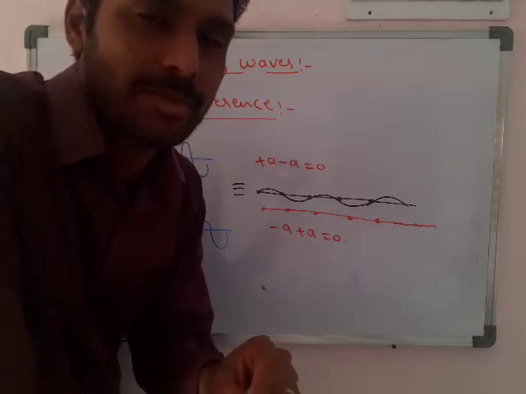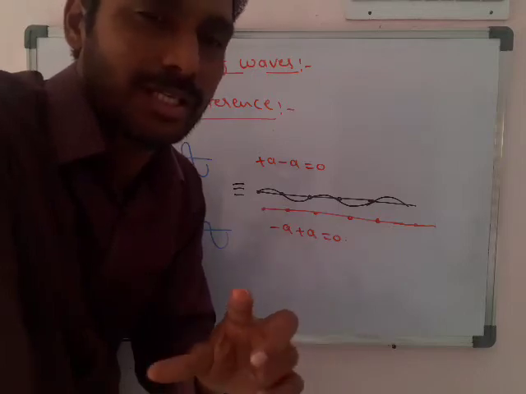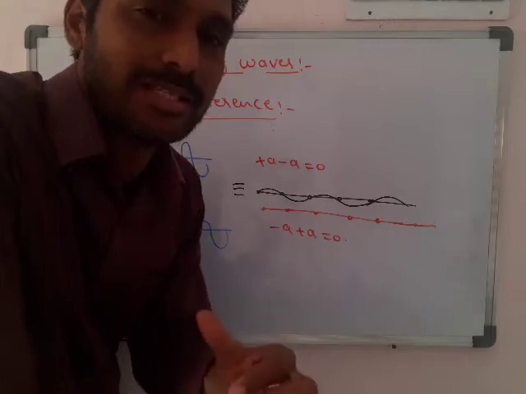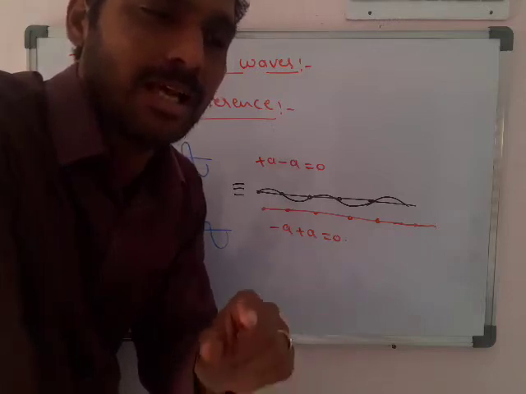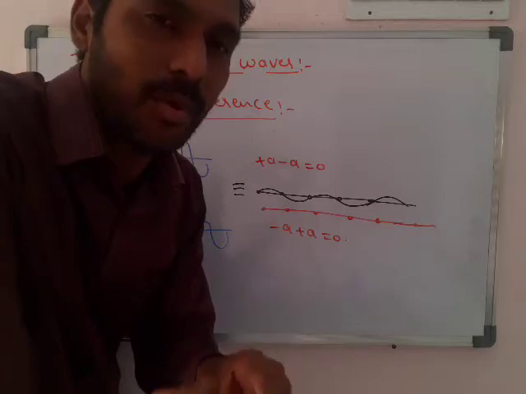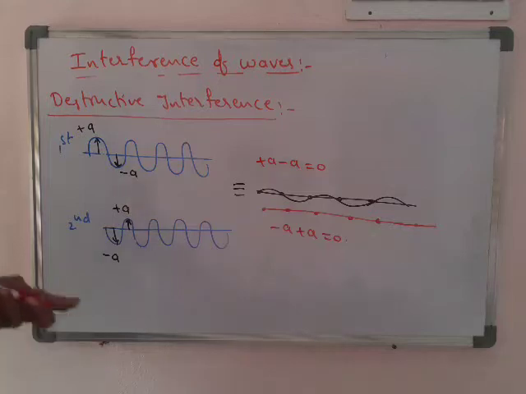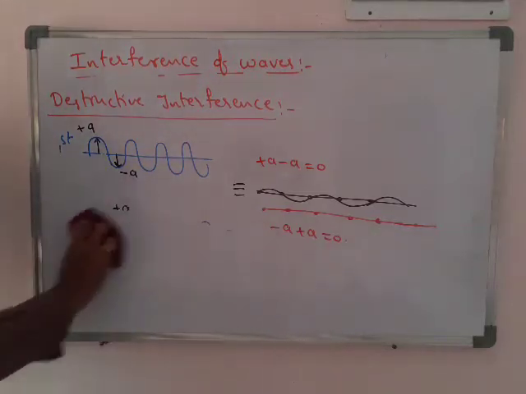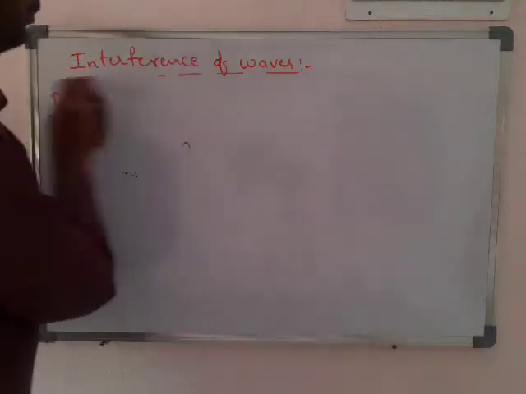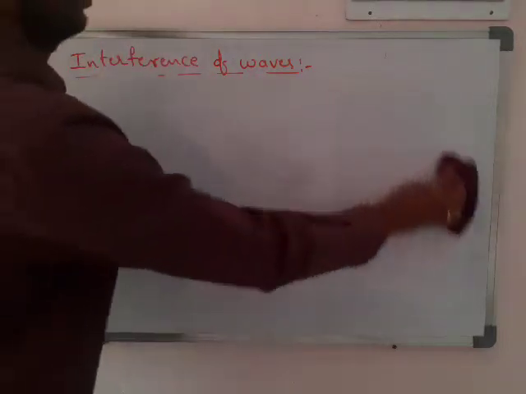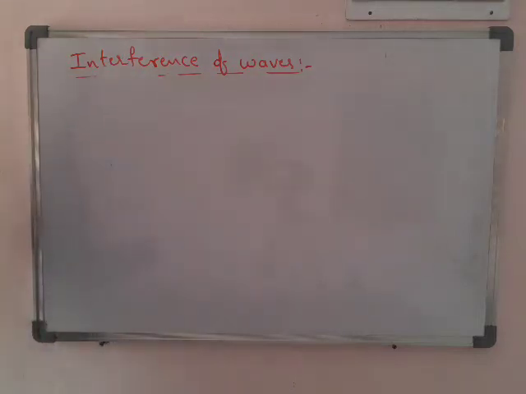In Bragg's experiment, the key point is the constructive interference of the X-rays. Constructive interference of the X-rays is the main key point in that experiment. Now we read the definitions, but you have to take these diagrams here only. So we read the definition.